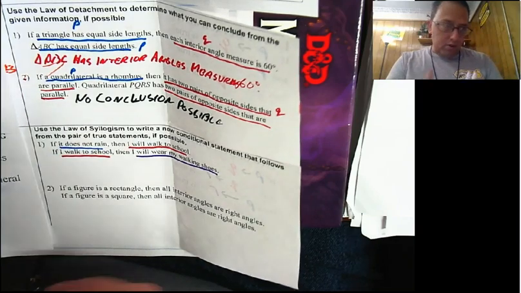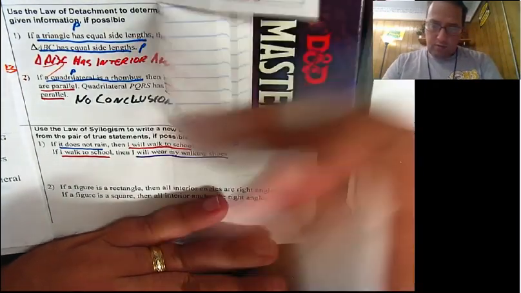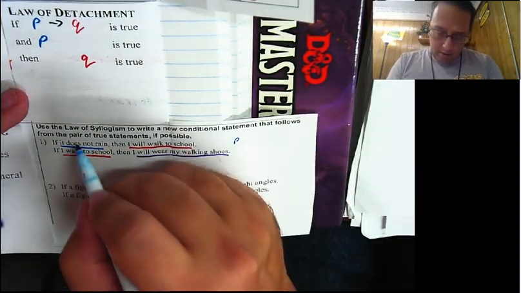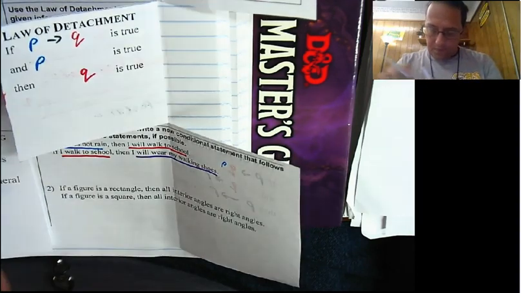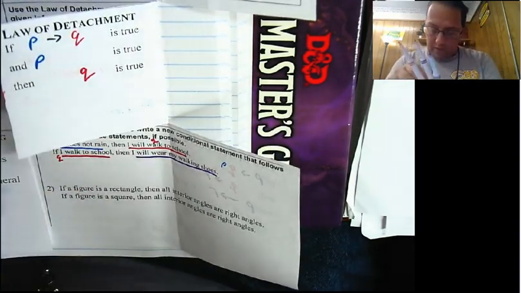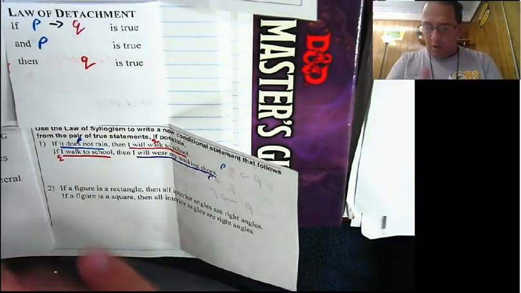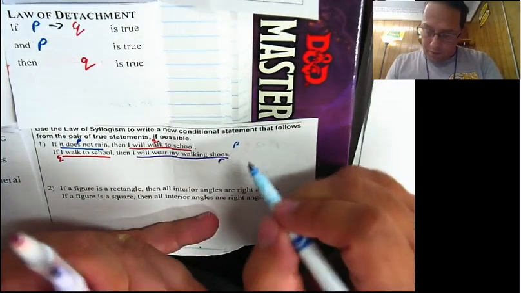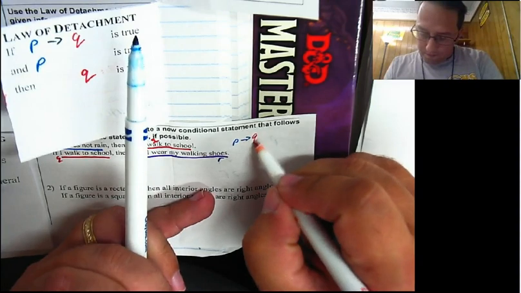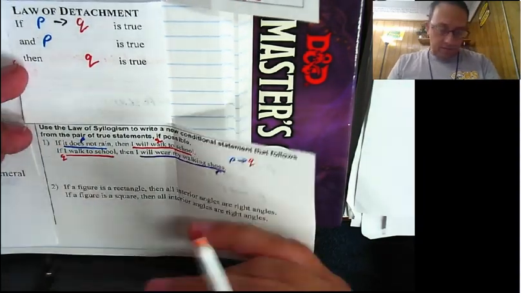All right. So what we have, call this P. Here's Q. And then we have a new thing, which we will call R. So the first statement: if P, then Q. The next statement, you see we've got Q, same thing we had before, right?